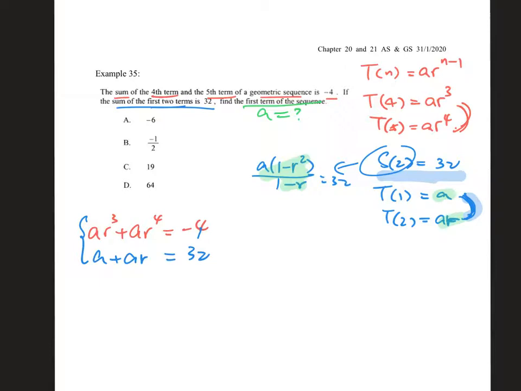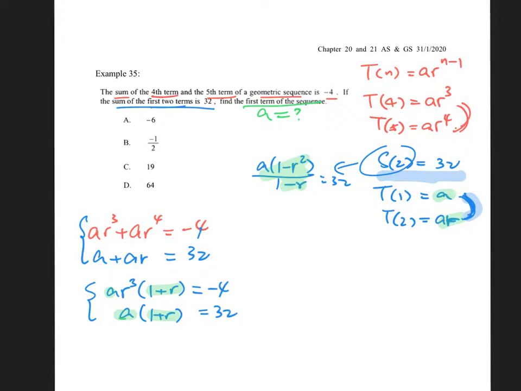Let's see. I would like to rephrase it with a and r cubed as common factors: a r cubed times (1 plus r) is -4. Similarly, you have a as a common factor: a times (1 plus r) is 32. Now you will clearly see that some terms, a and 1 plus r, are common to each other.